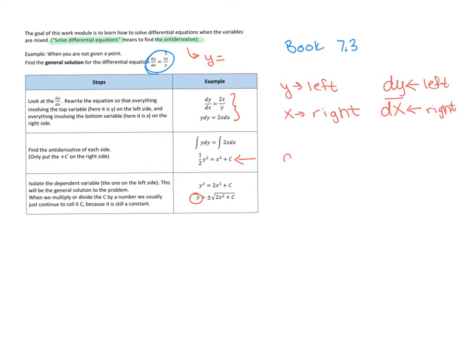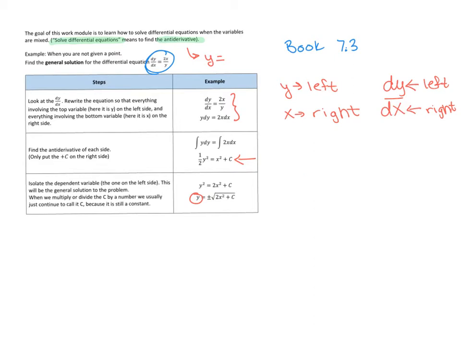So if we have a dy dt, we want to have it separated like something times dy equals something times dt. But most problems here are going to involve x's and y's, but the second example I think involves x and t, so you'll see what I mean by that a little bit more on a different problem. But your first goal is to separate, so this is just pure algebra.